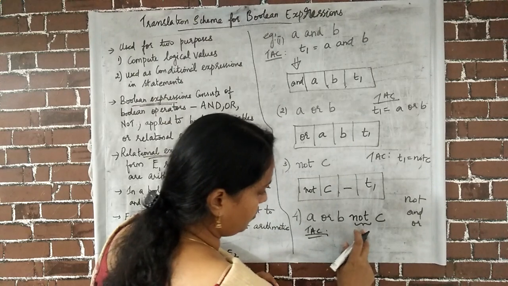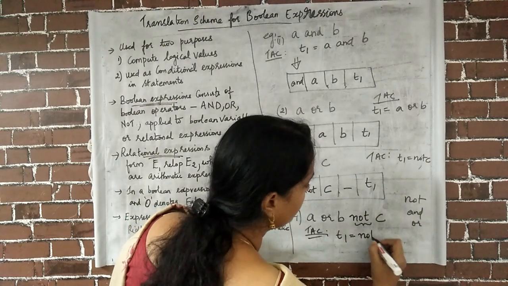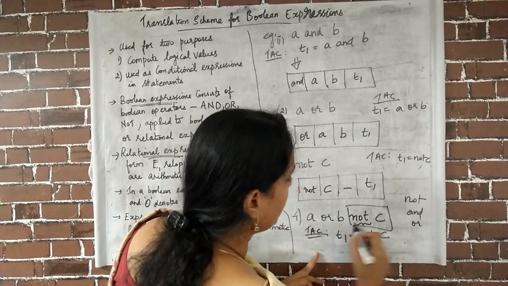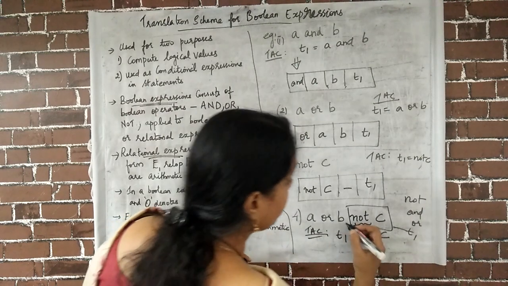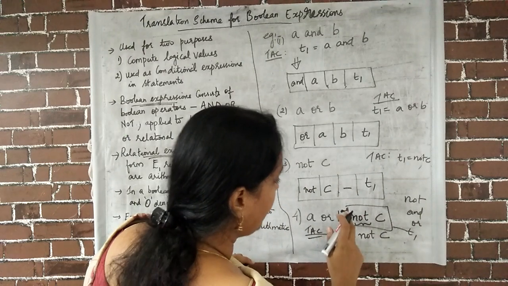So first we have to perform T1 is equal to not C. This result is now available in T1. Then we have the operator and in the expression A or B and not C.